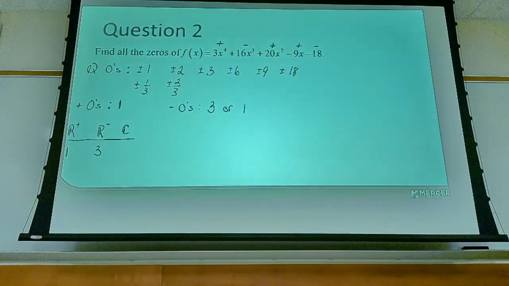We'd have no complex in this case. But we could also have a single negative zero. So 1 positive, 1 negative, and you'd have to have 2 complex. Those are the only possibilities.